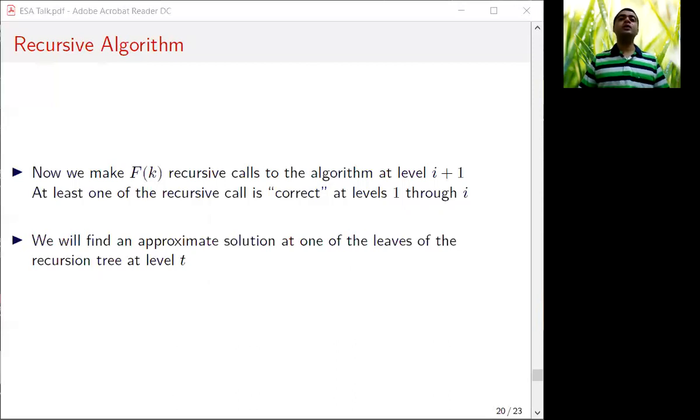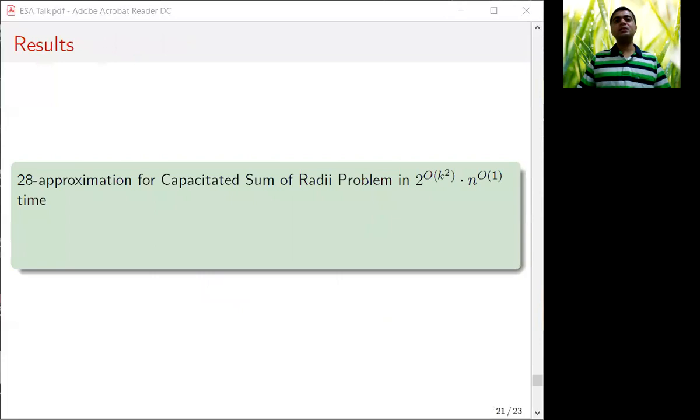Now if you look at the recursion tree, there are many leaves of this tree at level t. Because of this inductive argument, we know that there'll be at least one leaf at level t where we find an approximate solution. To summarize, we get a 28 approximation for this capacitated sum of radii problem.